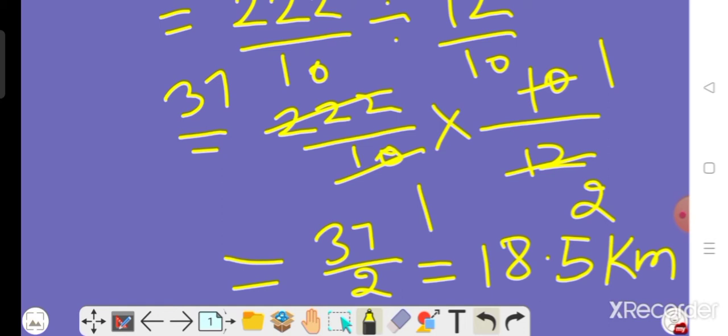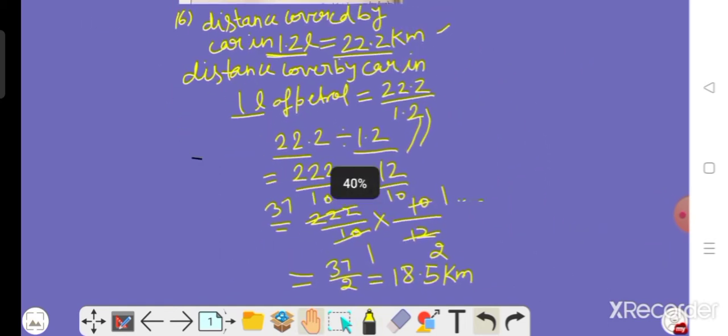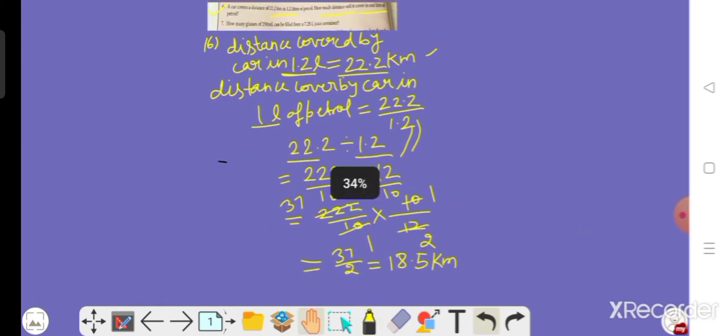This is the solution of your 6th question. Your final answer is 18.5 kilometers. It means the car covers 18.5 kilometers in 1 liter of petrol. I hope you will get it.